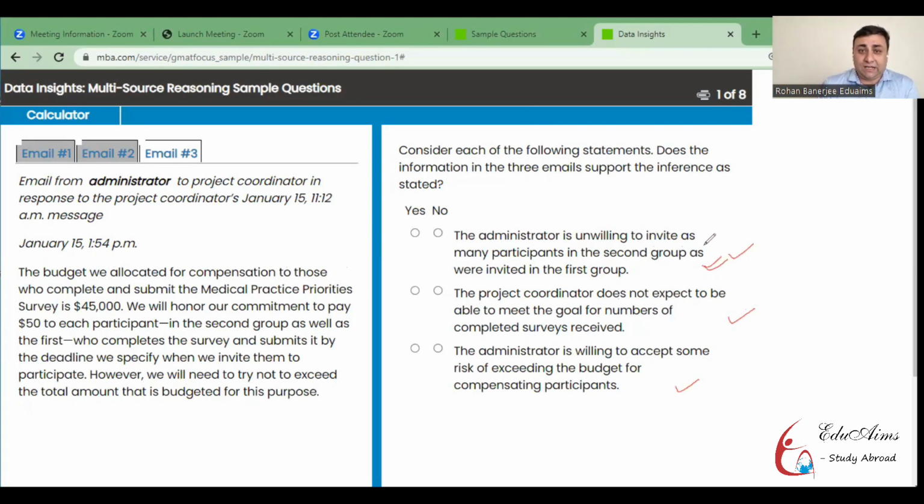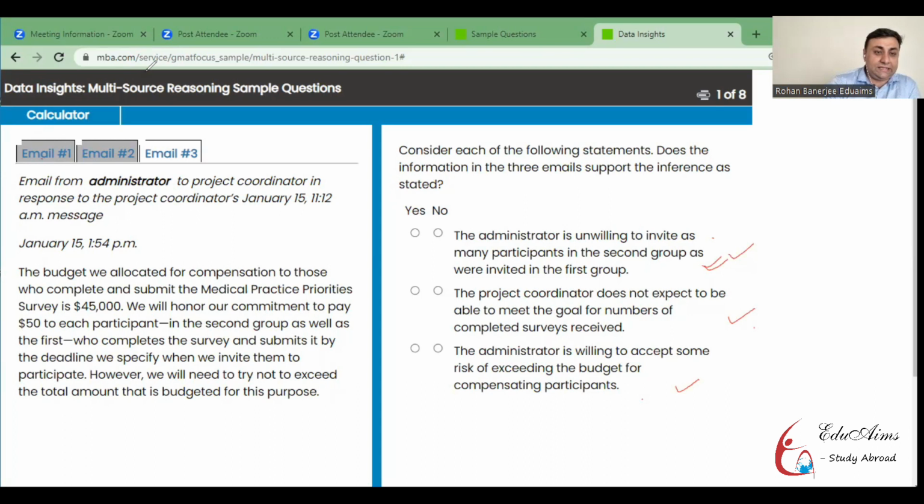So if, for example, you get the first one correct and the second one correct and the third one incorrect, your entire question will be wrong, right? You will have to get all 3 statements correct. Only then will you get the full score in this question type, right? So let's look at this question.